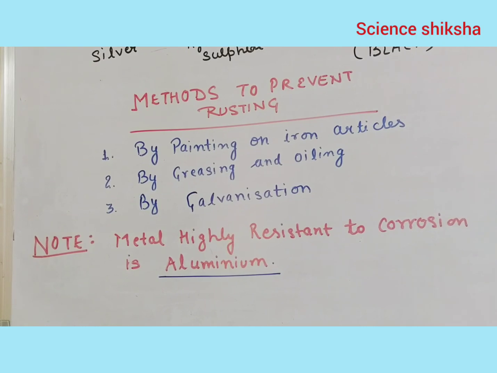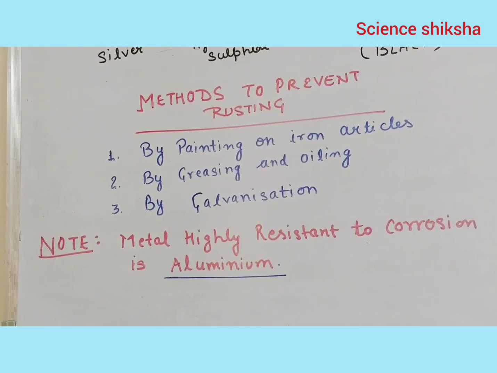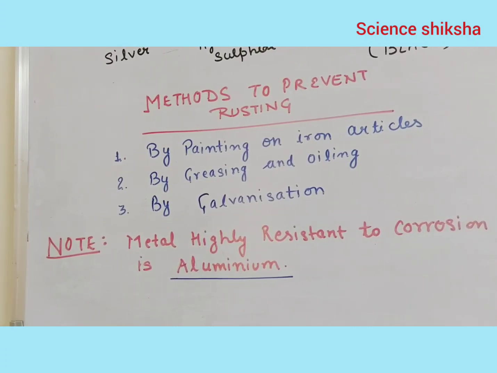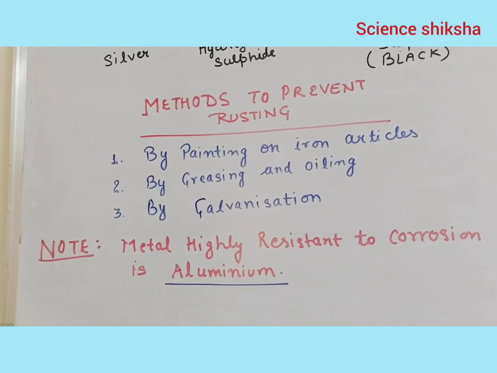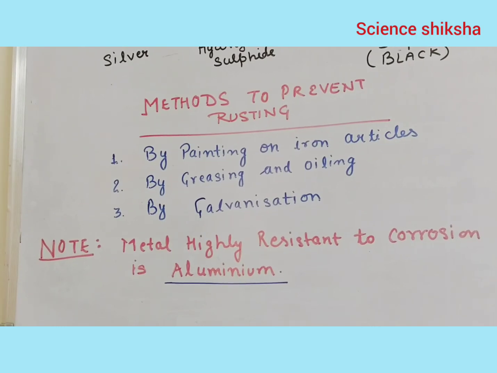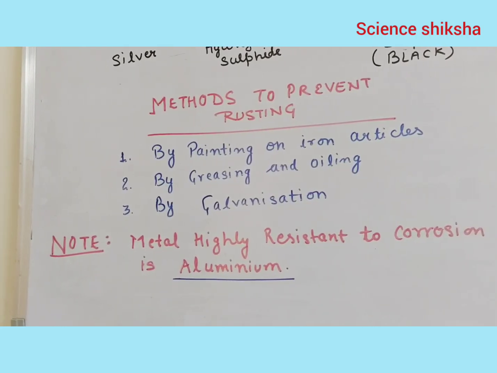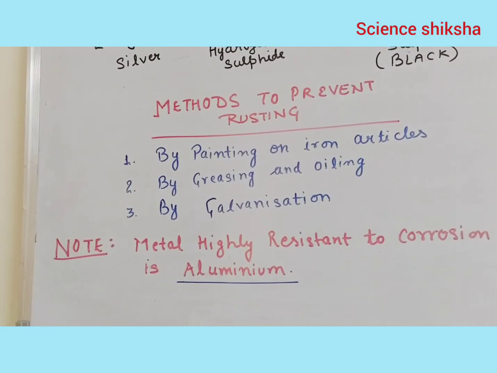So the moisture doesn't get into the aluminium underneath the aluminium oxide and it is prevented from damage. So this is all about corrosion and different forms of corrosion and how we can prevent the corrosion of iron.